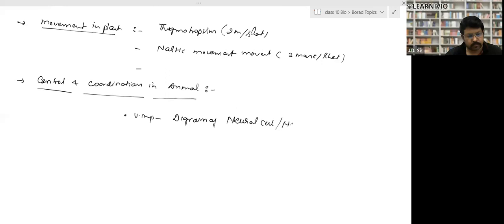Neural cell or neuron. That will be a 3 marker question or short question.